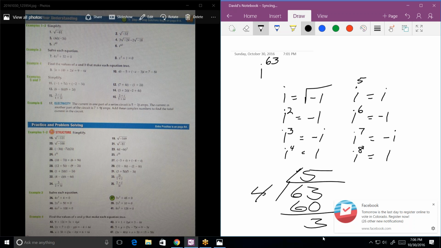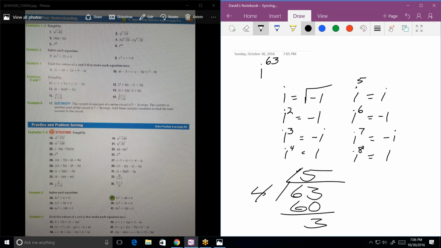They gave it to you as 3/4, but you have to be able to recognize that that's a remainder of 3. Do you have a key on your calculator that switches that to a fraction? It does, yeah. It's 63/4.